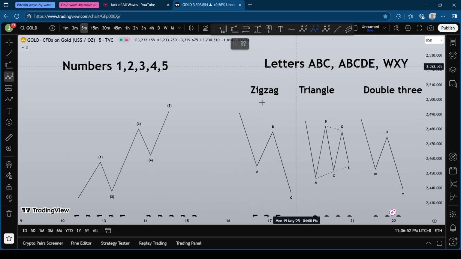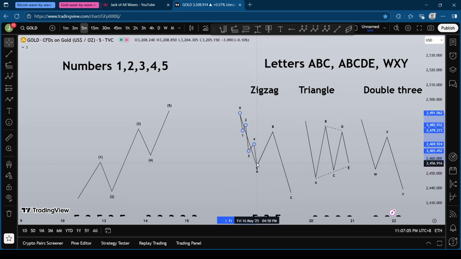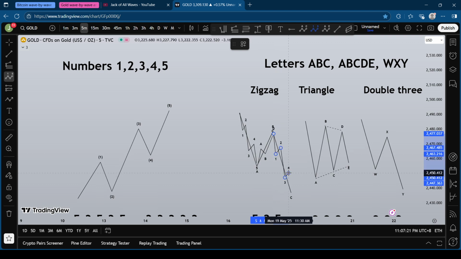For zigzag, the internal waves are composed of 5 waves for wave A, 3 waves for wave B, and then we have 5 waves for wave C. So this is an example of a zigzag correction.